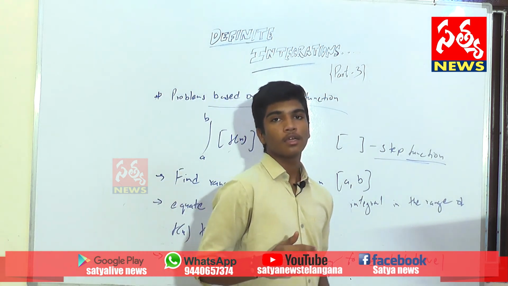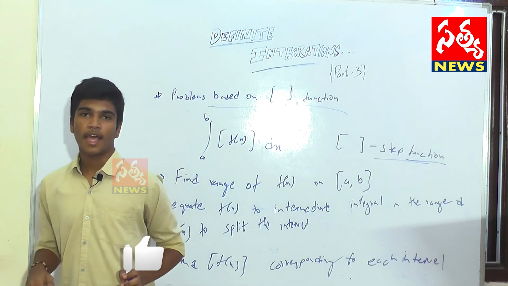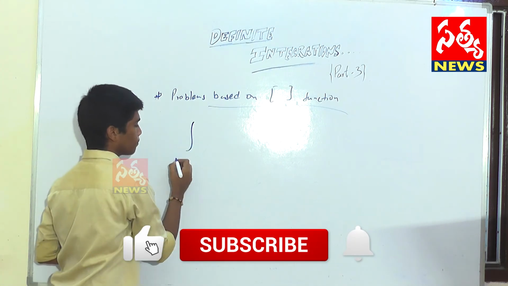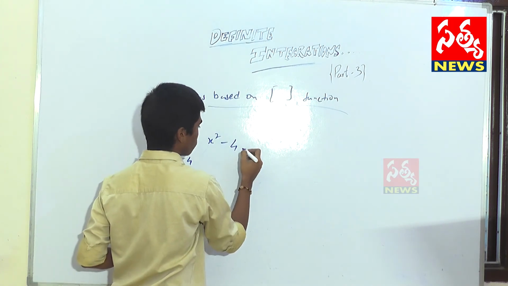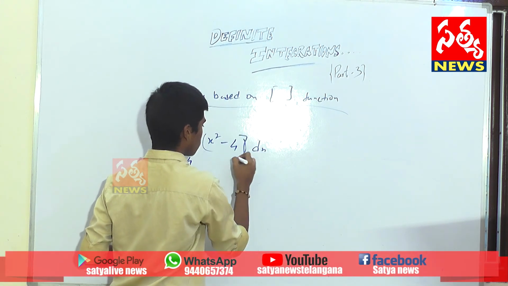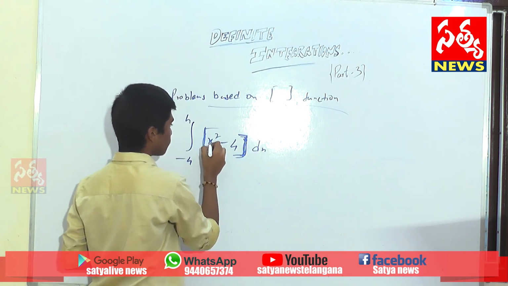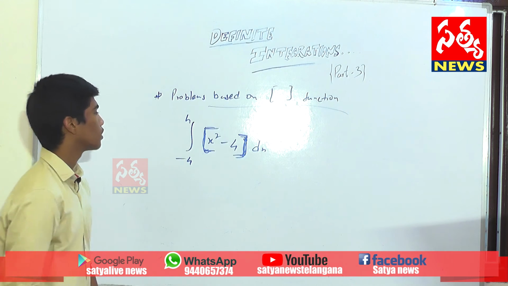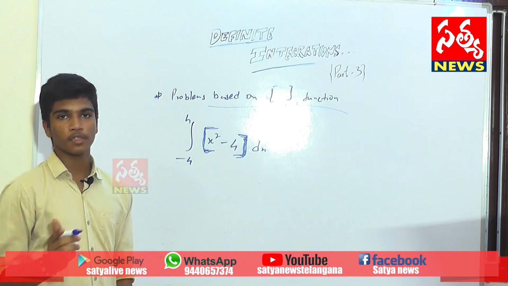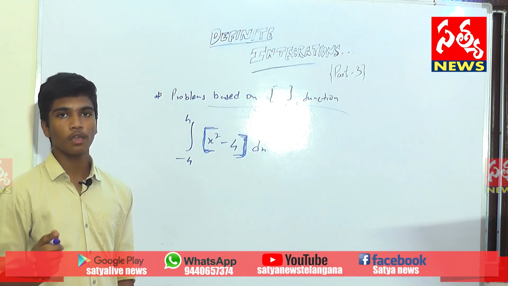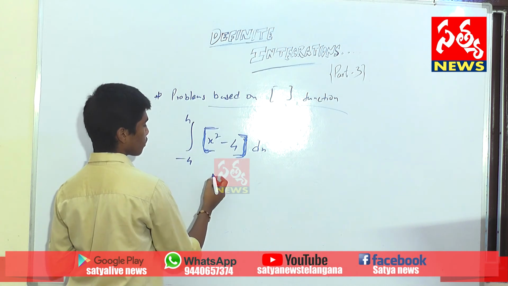Now directly let's discuss a problem based on this, so that we get clarity. See, the integral from minus 4 to 4 of step of x square minus 4 dx. First of all, go with the first step.